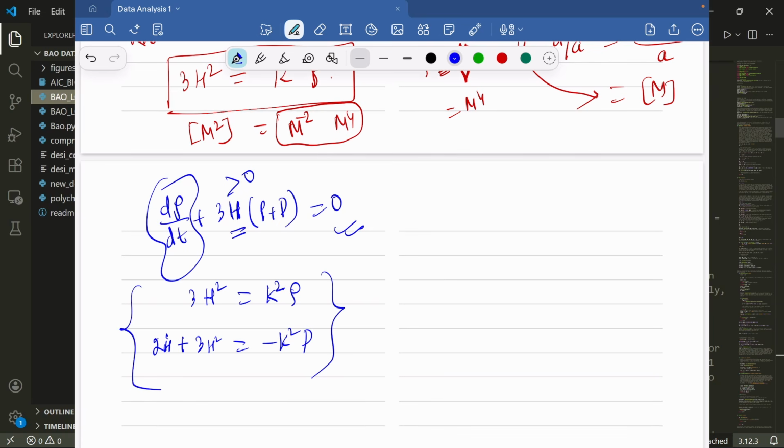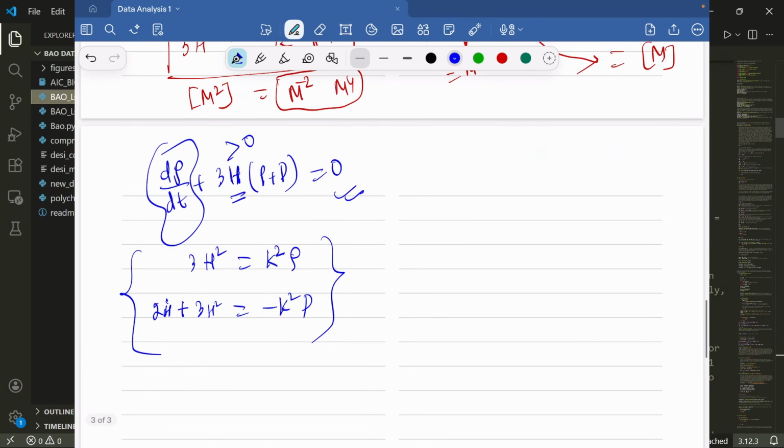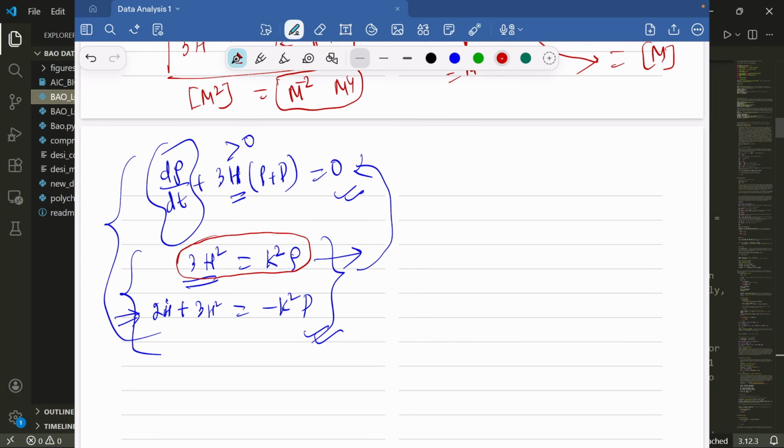Or if I just use this one, because I have g mu nu, I can use Rij, gij, Tij, then I will get this equation. And if I take a time derivative and use this equation, then I will end up over here. So although there are three equations, one of them is actually a constraint equation. This one over here is an algebraic equation, so we can use it as a constraint equation, that all the energy density must be equal to this Hubble parameter.